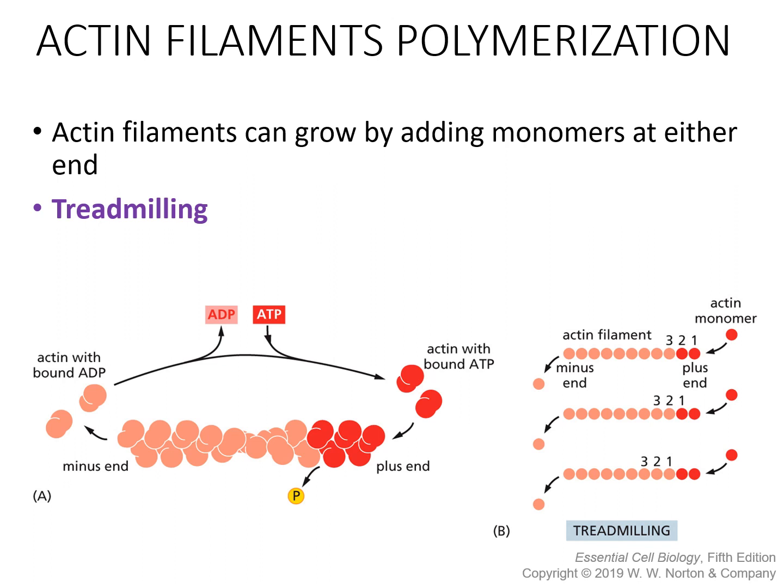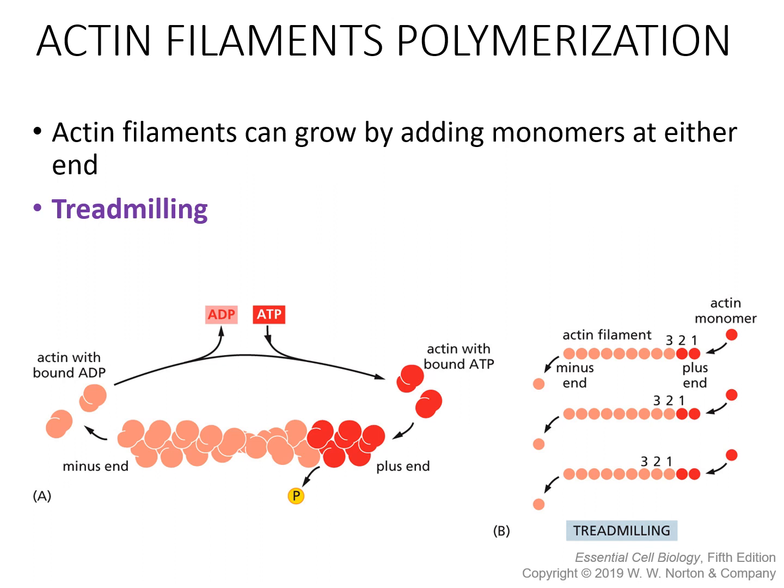This is because the ATP bound actin monomers are added faster to the plus end before they are hydrolyzed. In comparison, at the minus end, the ATP is hydrolyzed faster than new monomers can be added. Therefore, the filament loses subunits from the minus end while subunits are added to the plus end. This will look like a treadmill, as you can see in the picture.